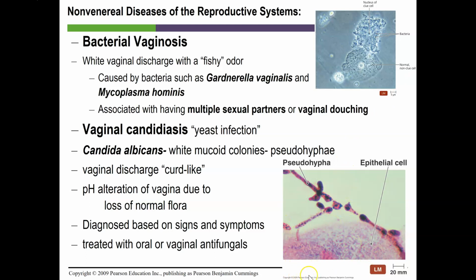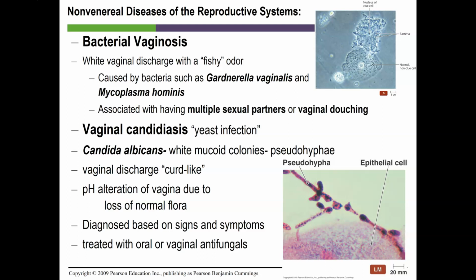It has a very specific appearance on a stain of a slide because while it's a yeast, and you can see a single cell that's right here, it will extend and make these elongated cells called pseudohyphae. It's usually diagnosed on the signs and symptoms, but it can be confirmed with the microscopic examination where these forms are seen. It's very characteristic.